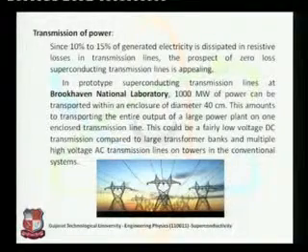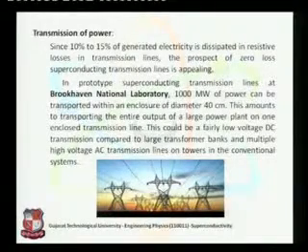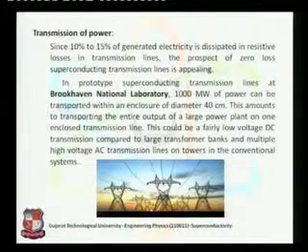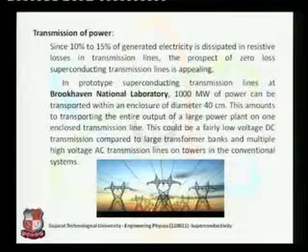So in transmission also we need an application of superconductors, and here's one example. If we compare normal transmission with a superconducting material as a transmitting system, we are going to get quite a big difference. Brookhaven National Laboratory has already started such a small arrangement.